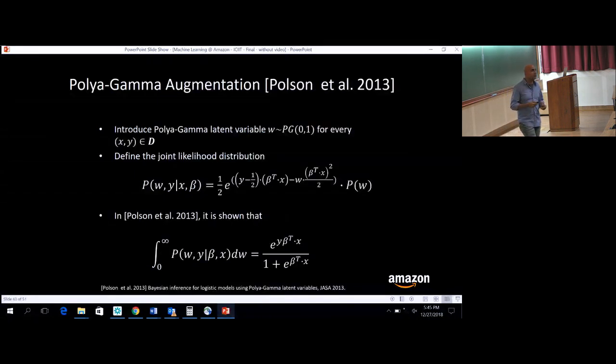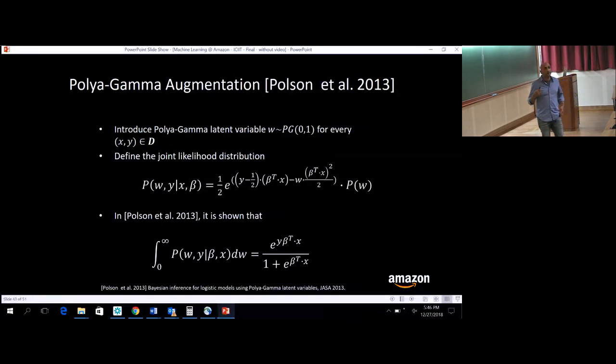And to make this posterior tractable, we rely on data augmentation techniques for fully Bayesian inference in models with logistic likelihoods. This was proposed by Polson et al. in their 2013 JASA paper. And the idea here is to introduce these augmentation variables.